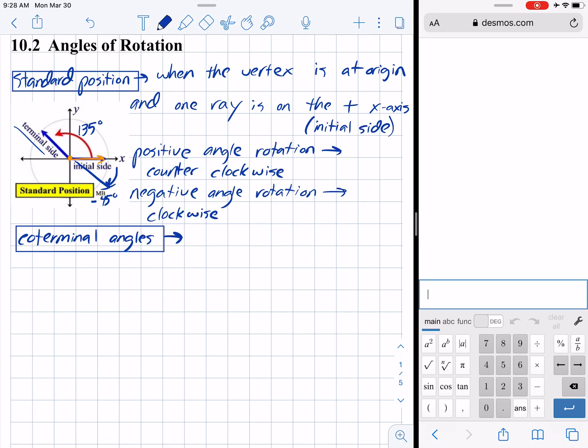Co meaning with or together, so this would be two or more angles in standard position with the same terminal side.